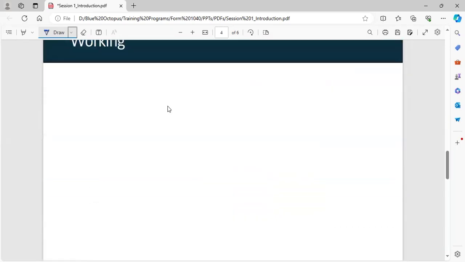Earned income is generally what you actually earn while you are working, like salaries or business income, where you go and physically work and earn.